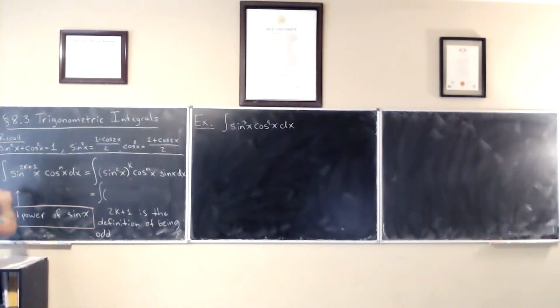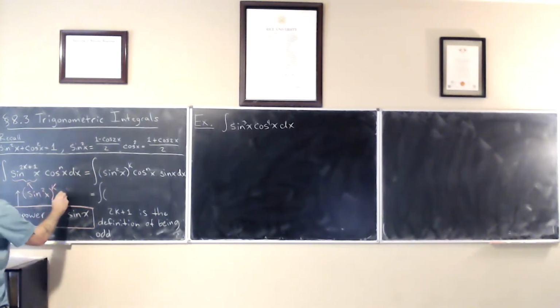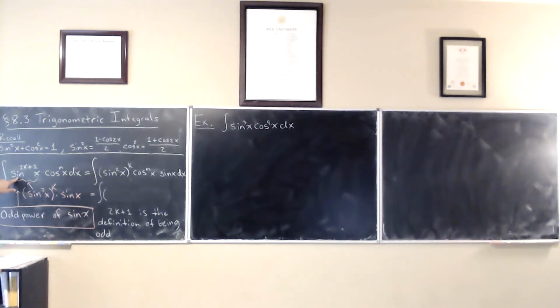Sine of 2k plus 1 is equal to, we'll do it in red, this right here, that's equal to sine squared x. If you raise that to the power k, and then you multiply that times sine x, you will get sine to the power 2k plus 1, right?